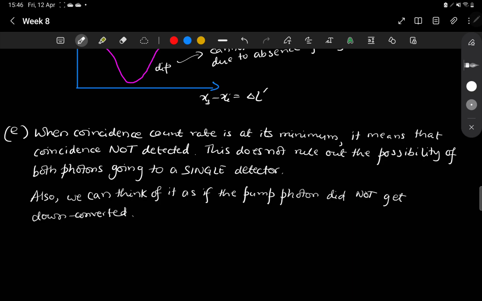So either both the photons go into the same detector for coincidence not being observed, or the down conversion has not occurred. These are the two possibilities for us to not observe any coincidence.